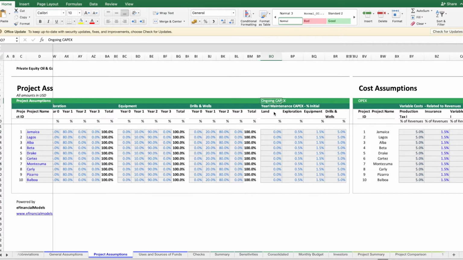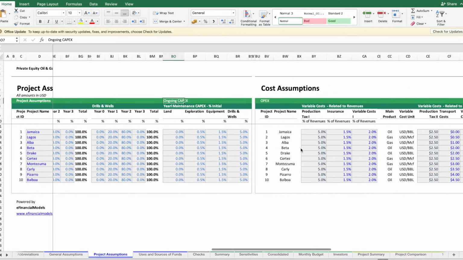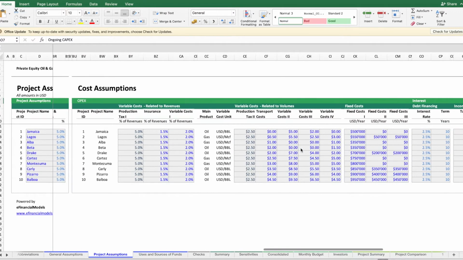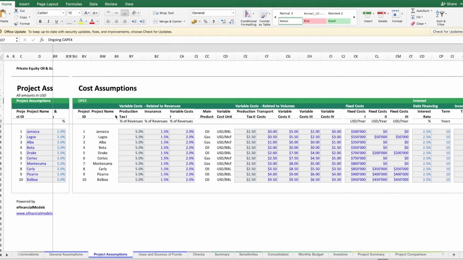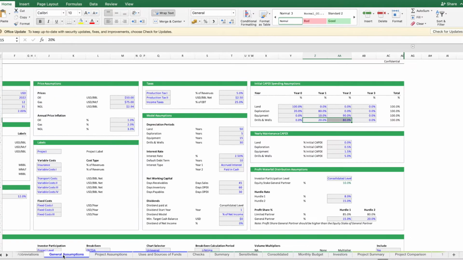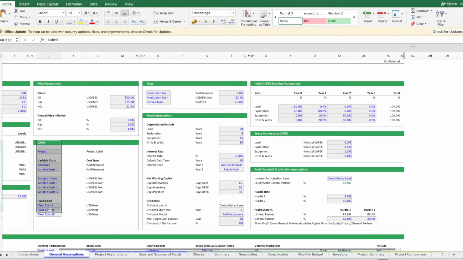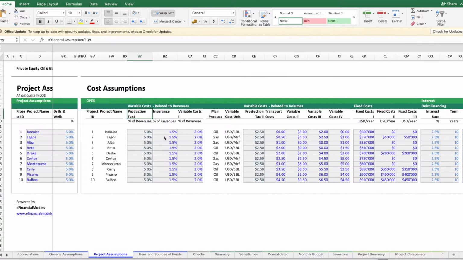Ongoing capex is the yearly maintenance capex to be expensed. And then we also have to work through the cost assumptions. As said, these labels we're going to set here on the labels section. They're flowing through here. And then we can enter some costs as a percentage of revenue, depending on what type of costs we have.